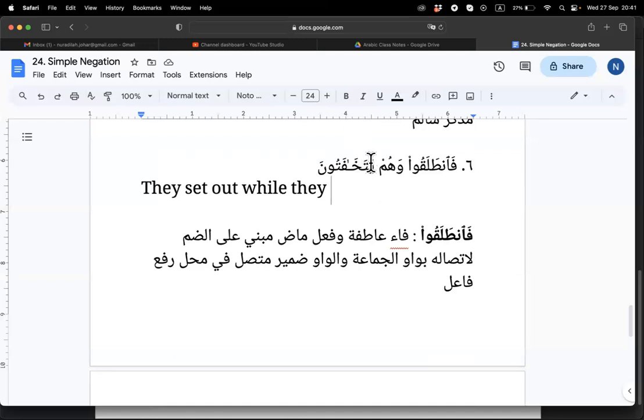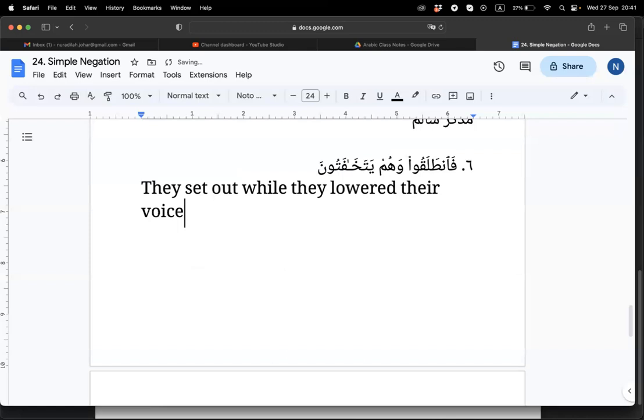Basically, all that we've done is like the concepts, right? We've never actually searched for words in the dictionary and all that. Don't know even the root letters and all that. But yes, we will do that in sarf. So this is to lower their voice. So they set out while they lower their voice, basically.